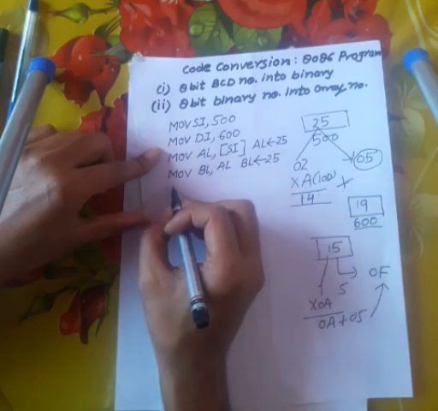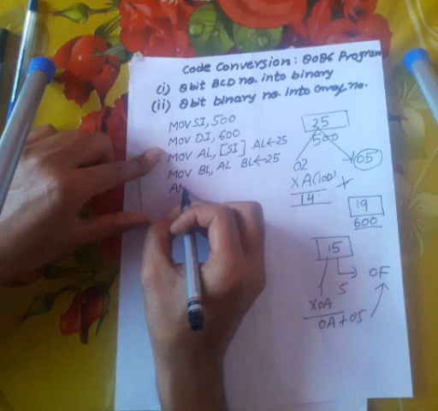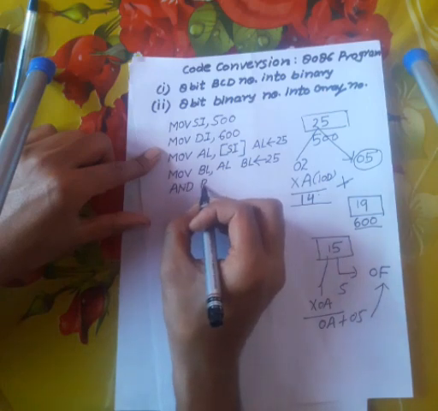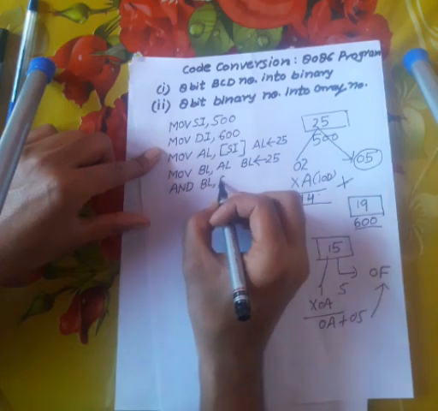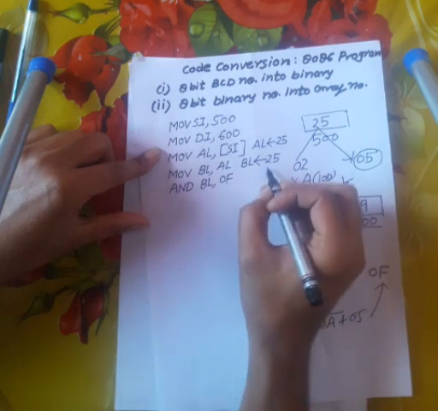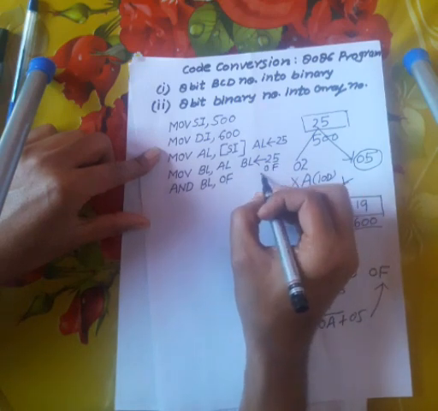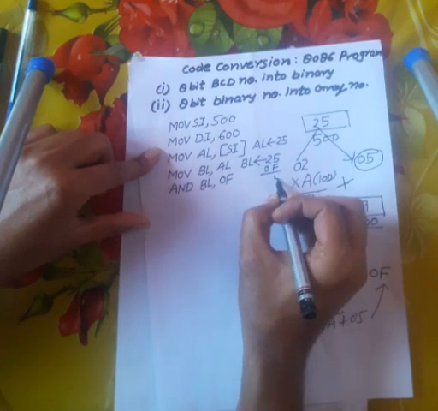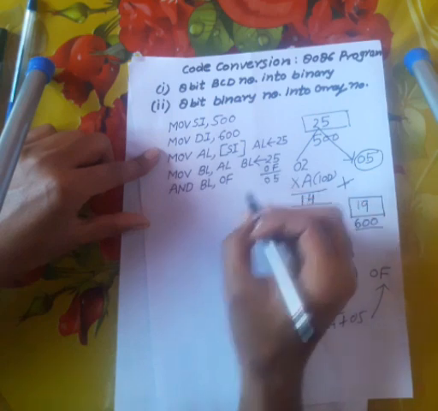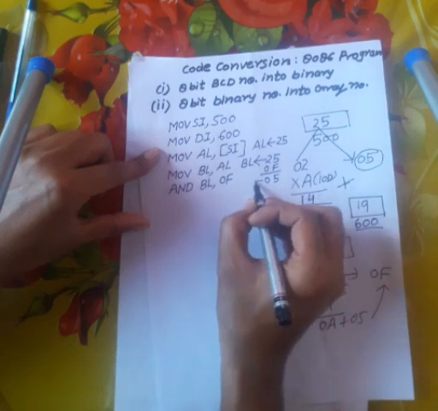Now perform AND operation, AND BL comma 0F, you will get 5, and here 0. This is nothing, this is value of BL.